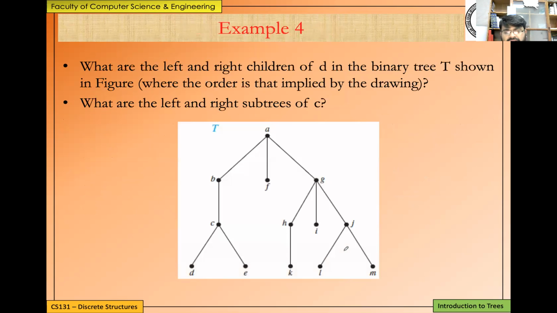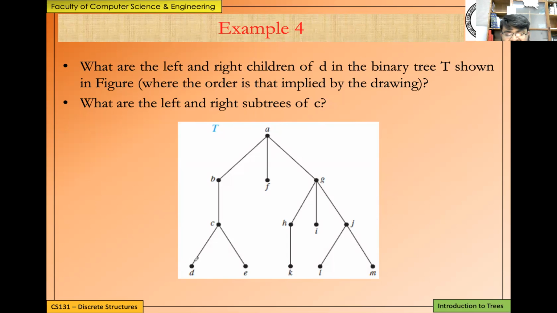So for example, what are the left and right children of D in the binary tree T shown in the figure? Well, in this case D doesn't have any children, so there are no left and right children.